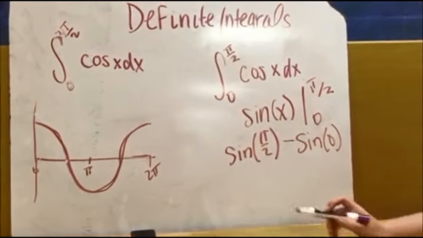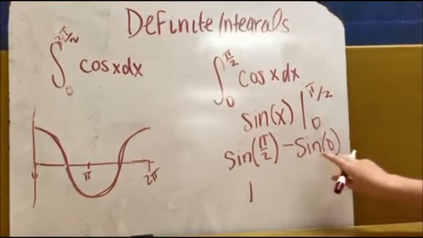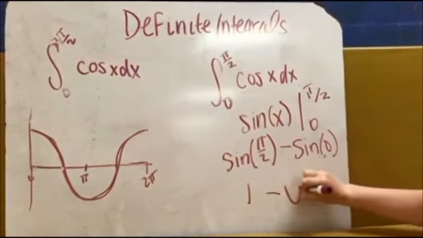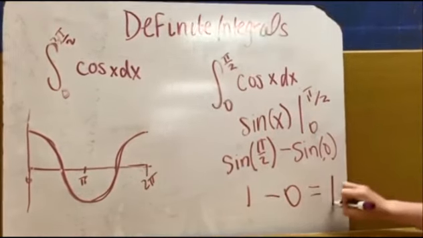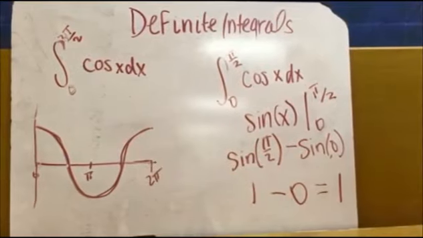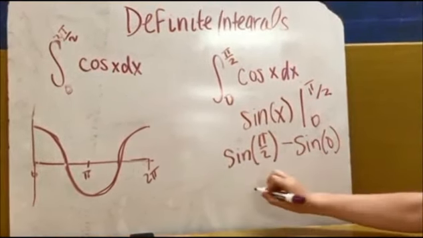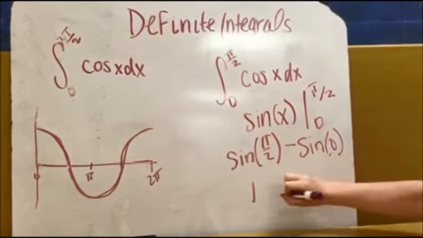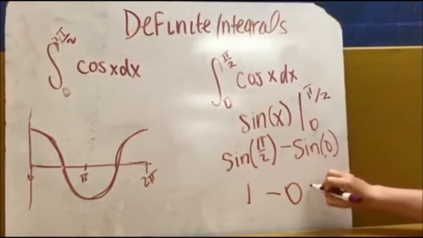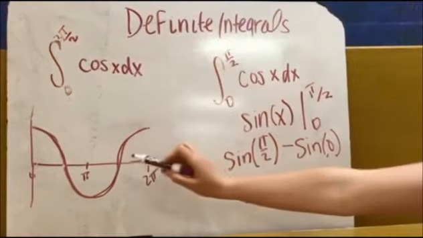When evaluating, we will find out that this is equal to 1 and sine of 0 is equal to 0, so we will have a total of 1 for the positive half.